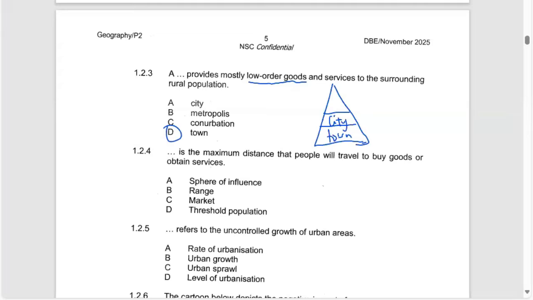1.2.4 dash is the maximum distance that people will travel to buy goods or obtain services. Right, basically, our correct response is the range. The range of goods is the distance that people are prepared to travel. I think you understand the sphere of influence and how it differs from the threshold population. The sphere of influence is where the business draws its customers.